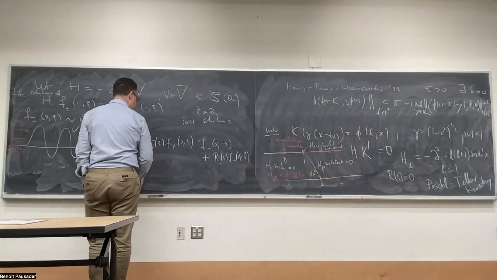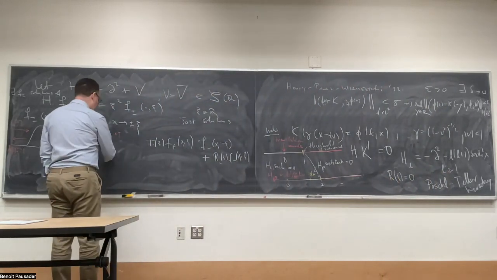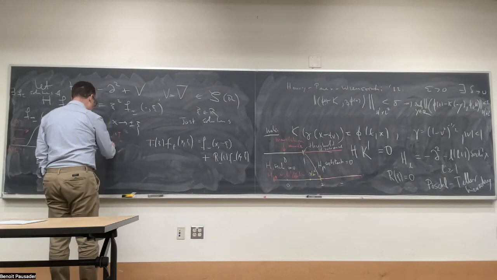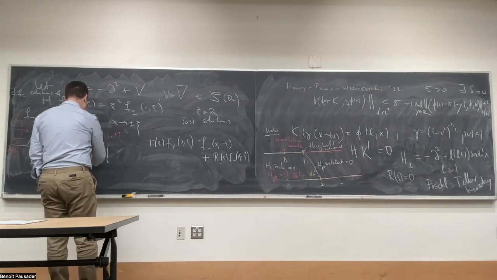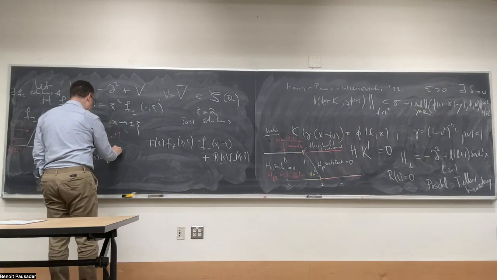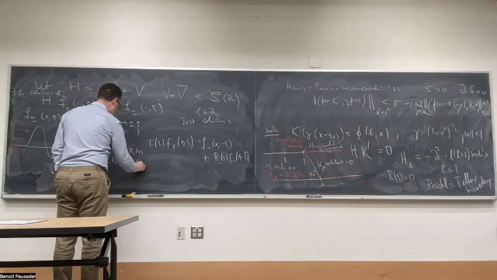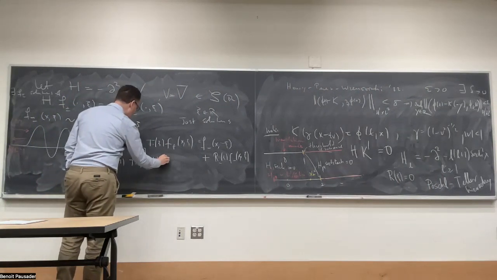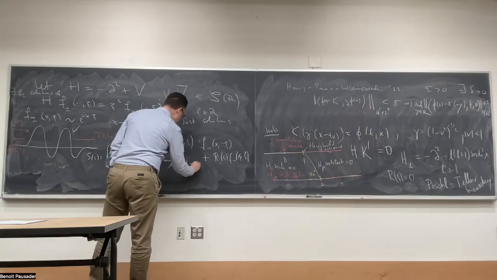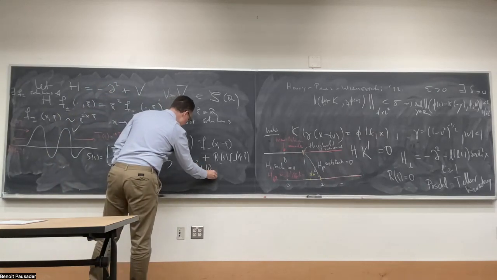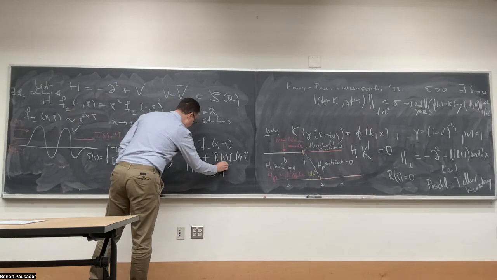And then you have the fact that the so-called scattering matrix, I believe this is called S of psi, it's T of psi, R plus of psi, R minus of psi, T of psi. This is unitary. So absolute T squared plus absolute R plus minus psi squared is always 1.